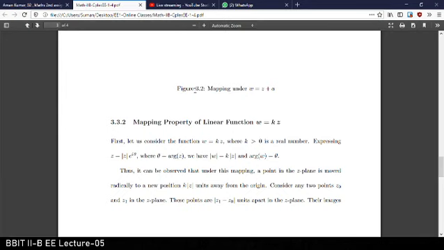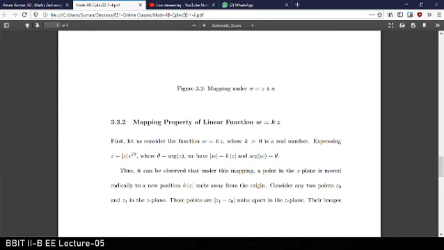Now you see on the left hand side, that is the z plane. In the z plane there is a point P whose coordinate is x comma y, or in complex form I can write x plus iy. And after mapping, what will happen? Now look at the w plane.